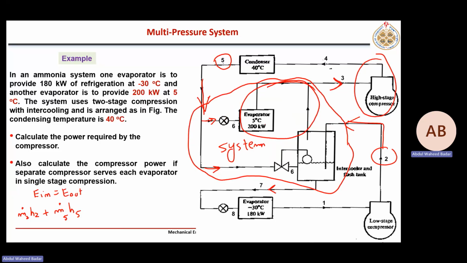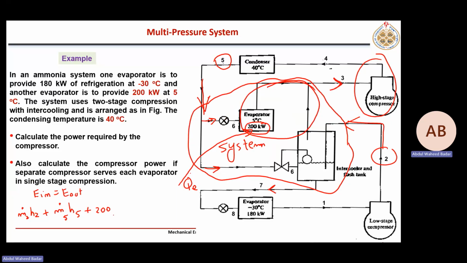Yeah, what is this 200 kilowatt? Is it entering or leaving? Entering, because this 200 kilowatt is the energy absorbed by that evaporator. So this is also entering, Q dot E. So plus 200 kilowatts.